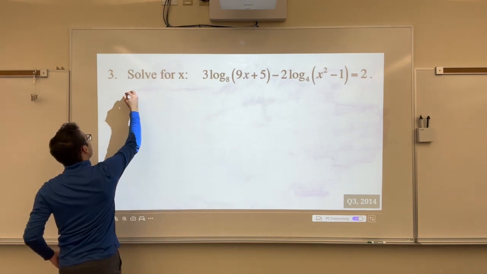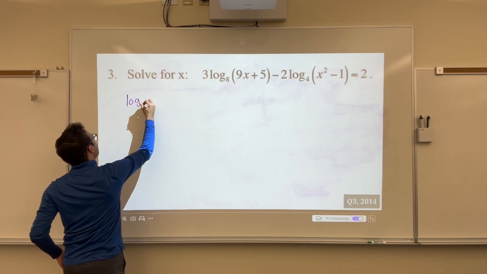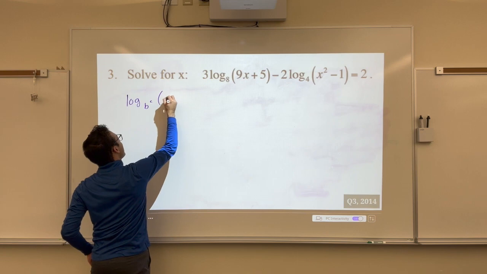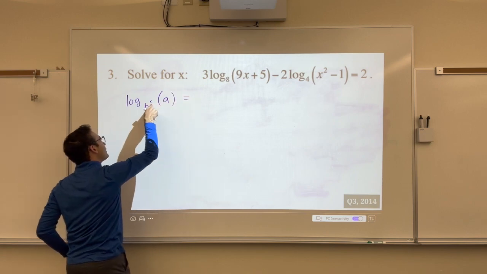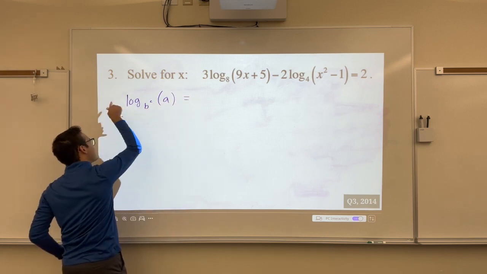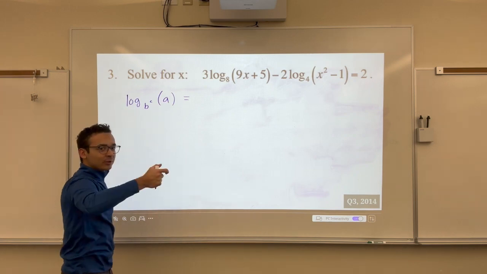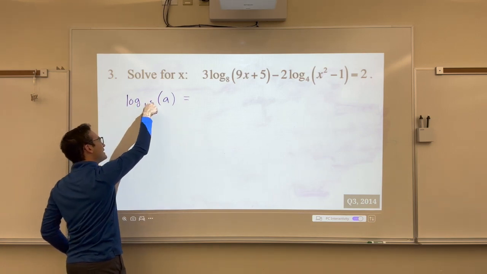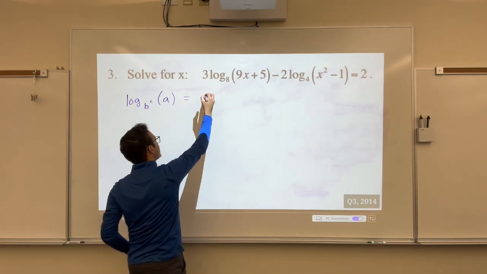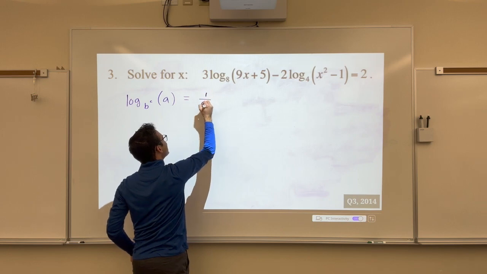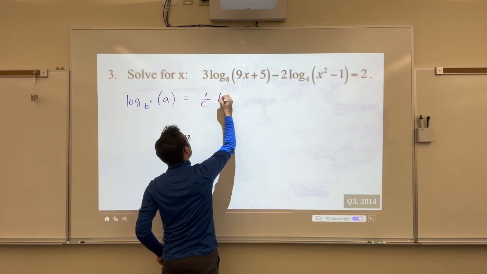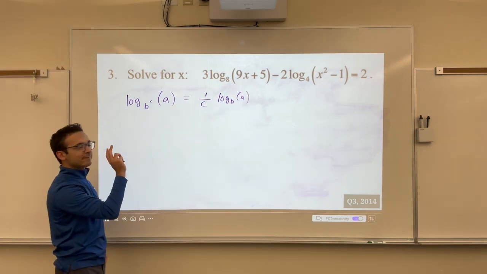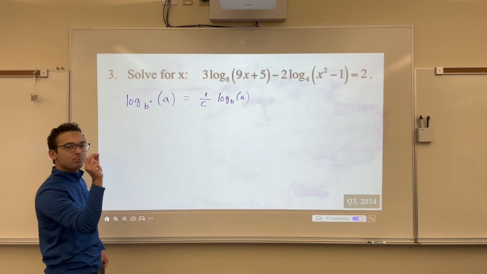So if we have log base b raised to the c power of a, we can pull this exponent out to the outside, and it's going to be the reciprocal of that exponent. So log base b to the c of a is equal to 1 over c times log base b of a. Again, I'm not sure this has an official name, but I like to call it the power base rule.